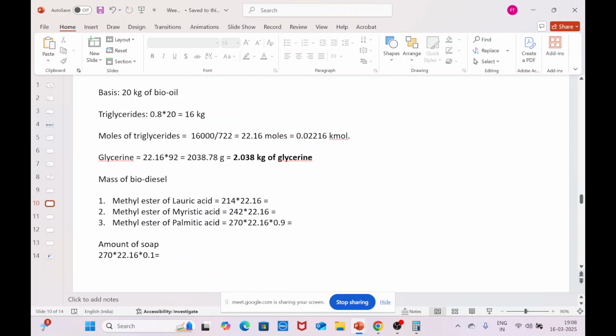So the mass of the methyl esters of the palmitic acid that is going to get converted to biodiesel is only 0.9, and 0.1 of it is going to convert to soap. So you just multiply that.